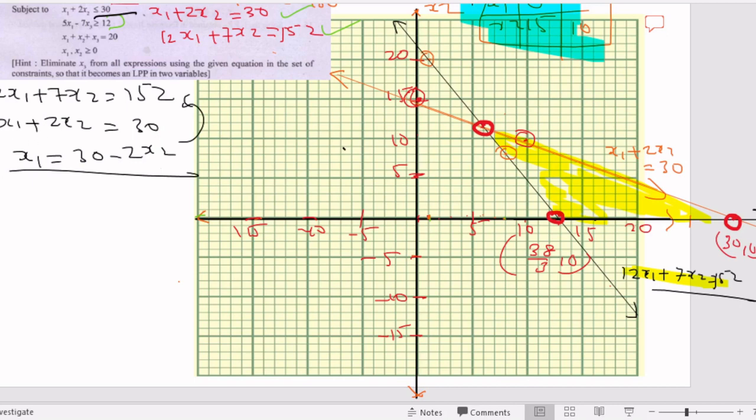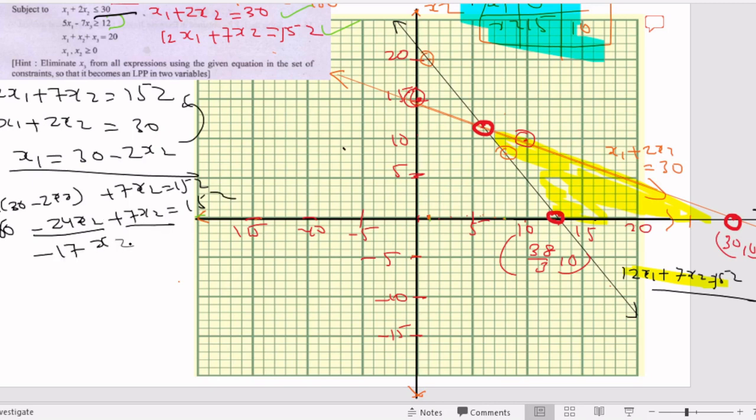So let's substitute 30 minus 2x2 in place of x1: 12 into (30 minus 2x2) plus 7x2 is equal to 152. Solve the bracket: 12 into 30 is 360, minus 24x2 plus 7x2, equals 152. Minus 24 plus 7 is minus 17x2, and I'll take 360 to the right hand side as minus 360.